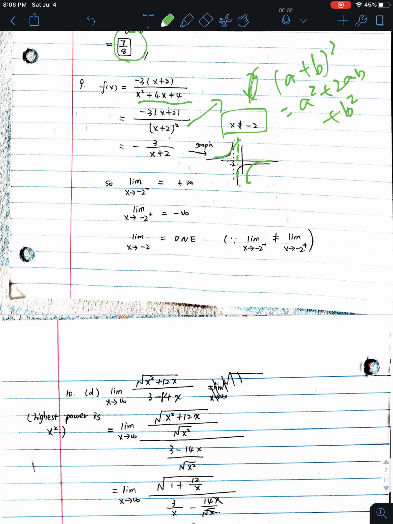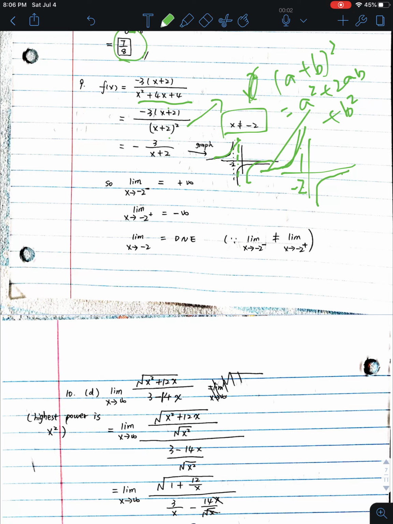So the graph should be like this. There is an asymptote, and both the left and right parts are increasing. As x approaches negative 2 from the left side, the function goes to positive infinity.